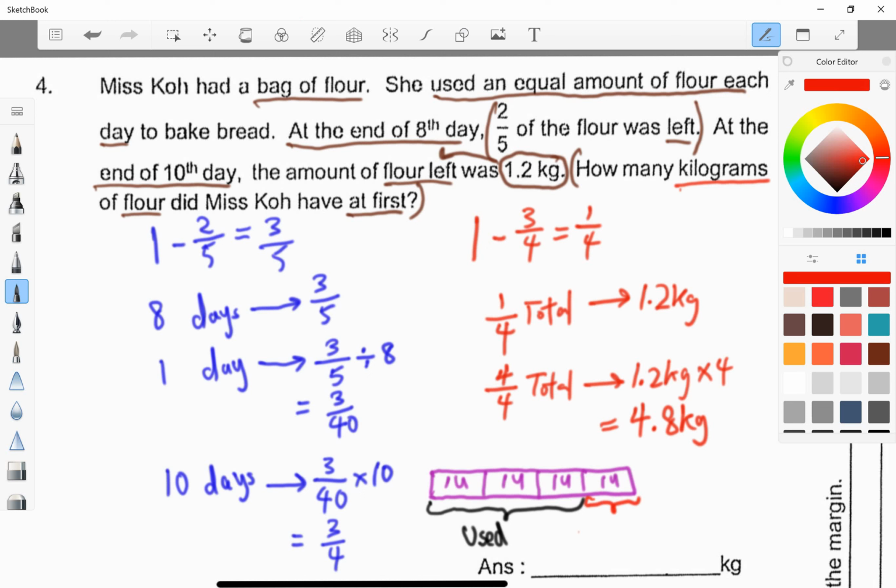In this case, we are left with just 1.2 kilogram. And the answer we are searching for has got to be the total amount of flour at first. So I have drawn the model. I hope the model helps you to understand the question much better. So once again, I'll write down 4.8 kilogram into my answer blank.